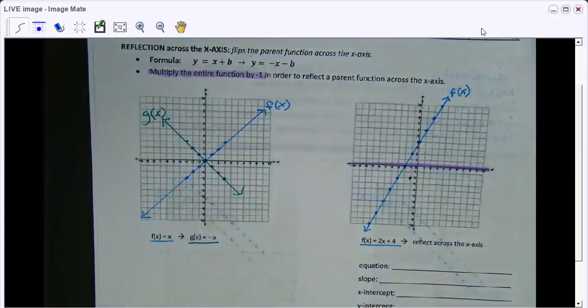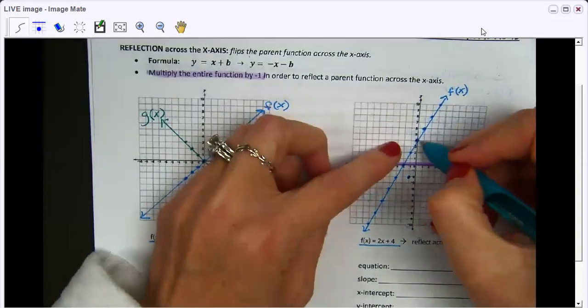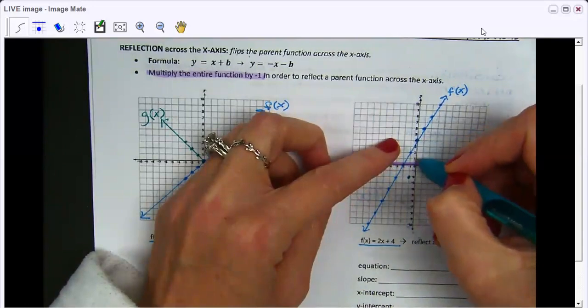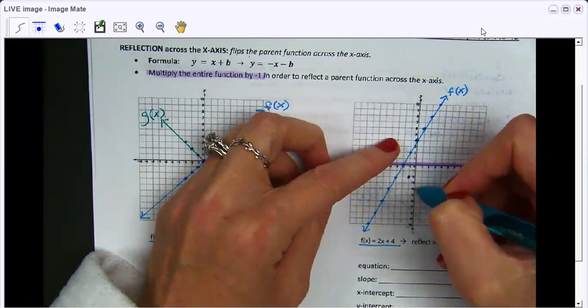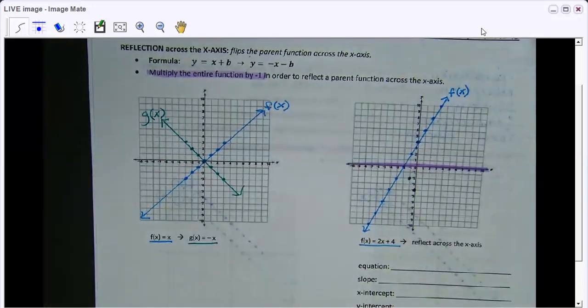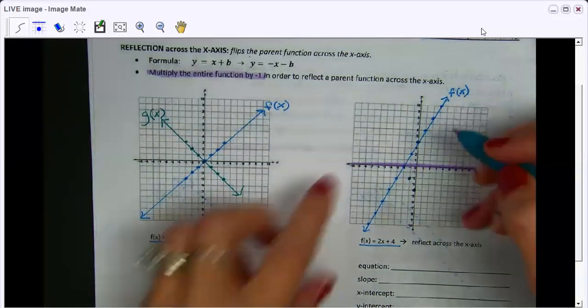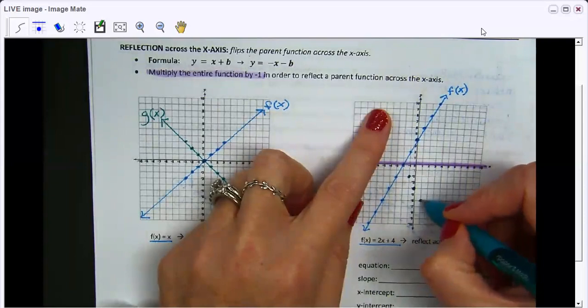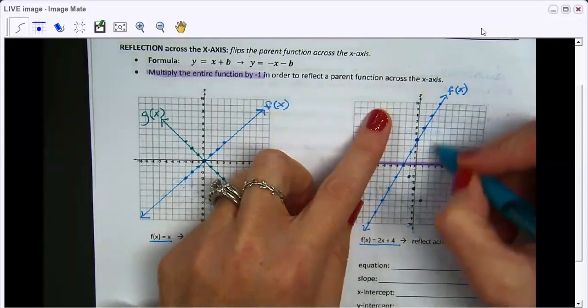Okay. And I will do that with every point. So look at the y-intercept, it's 4. It's 4 units from the x-axis, so I go 4 units down on the other side of that axis. Then I do that with the other one, 6, and I go down 6. And then 8.